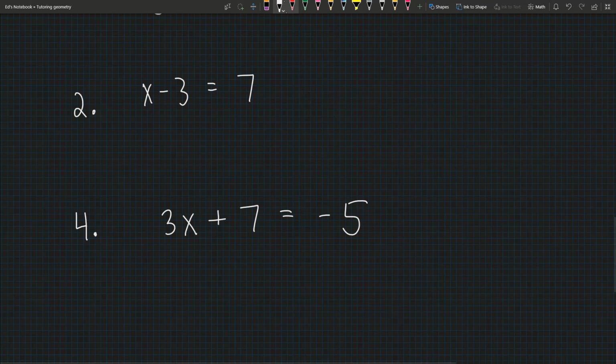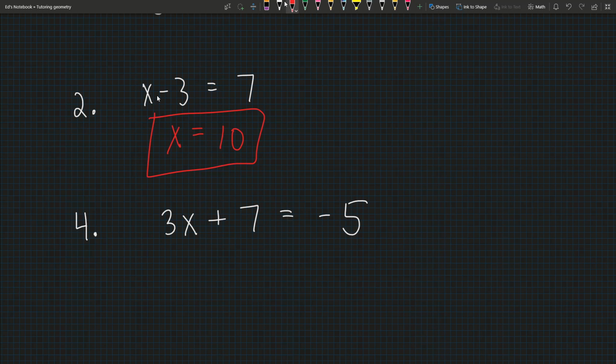So we think about these and we want to first simplify if we can. We can't simplify either side because we can't combine like terms or anything like that. So the next step is to undo addition or subtraction with the inverse. So I'm going to have to add 3 to both sides. X equals 10. Box my answer, I'm done.